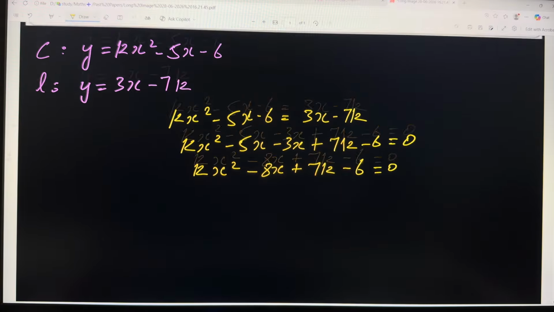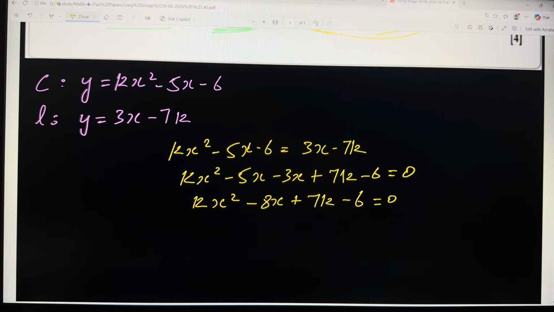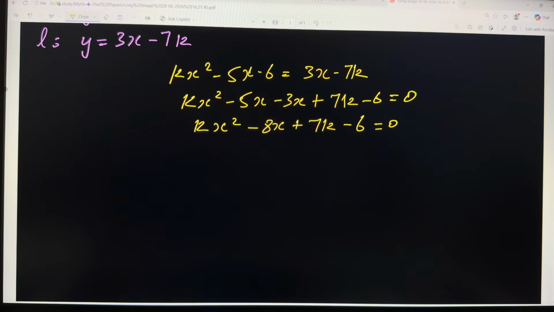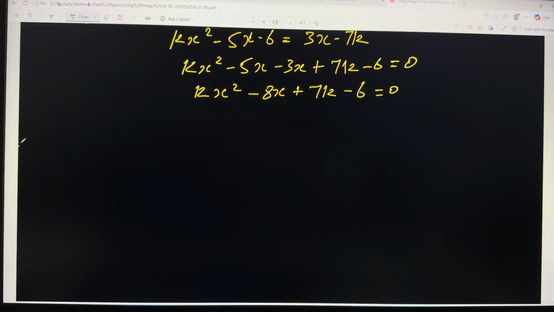Here it says find the set of values of the constant k for which the line intersects the curve. It didn't specify that they intersect at 2 points or 1 point, so we're going to consider both cases. First, a is equal to k, b is equal to minus 8, and c is equal to 7k minus 6.